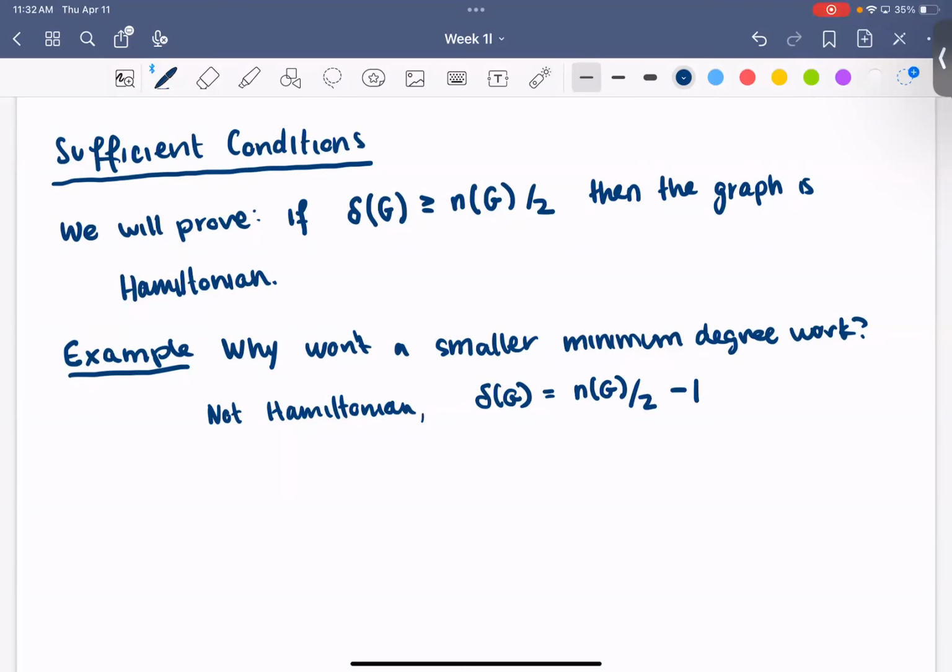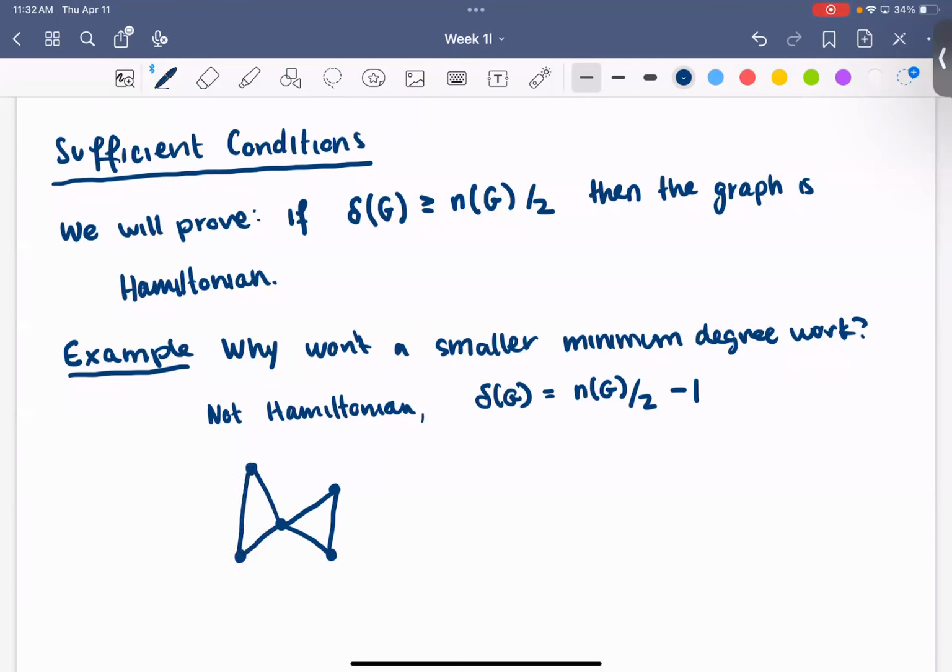For the case where n of G is odd, that's like the floor of n of G over two. You can take a central vertex, which will be your cut vertex, and then on either side of it, put a complete graph of size n minus 1 over 2. It's like this one.